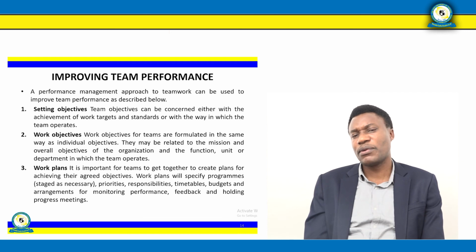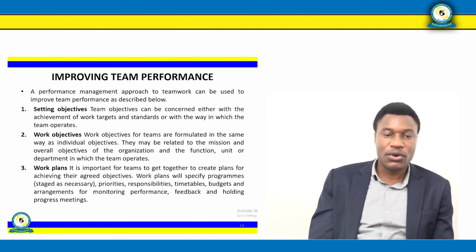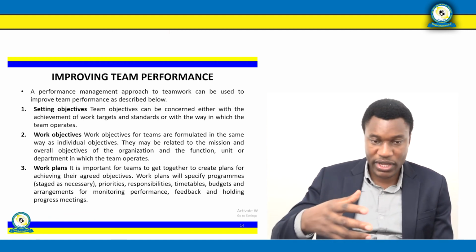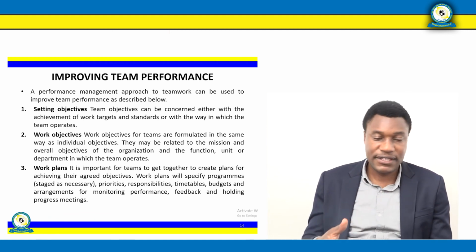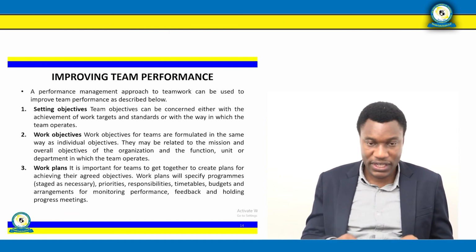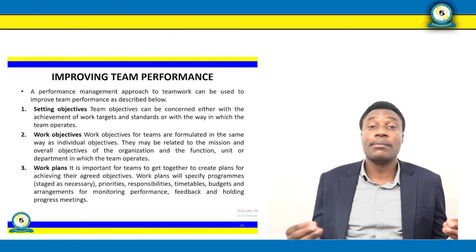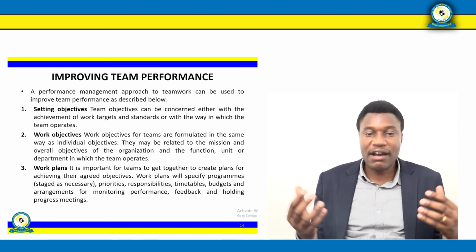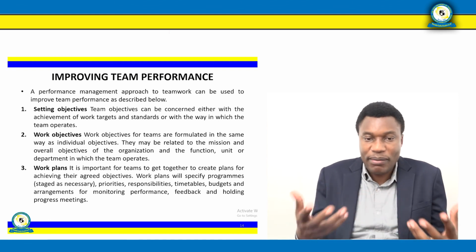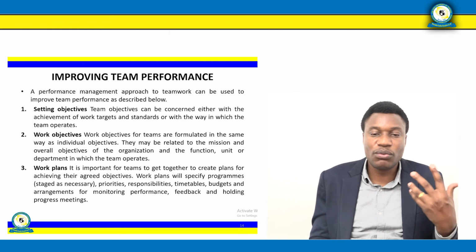Also, if we want to improve team performance, we have to have work plans. It is important for a team to get together to create plans. When we create work plans together as a team, this creates a sense of ownership. All the individuals within the team have a sense of ownership of what we have planned, of which direction we have to move to.